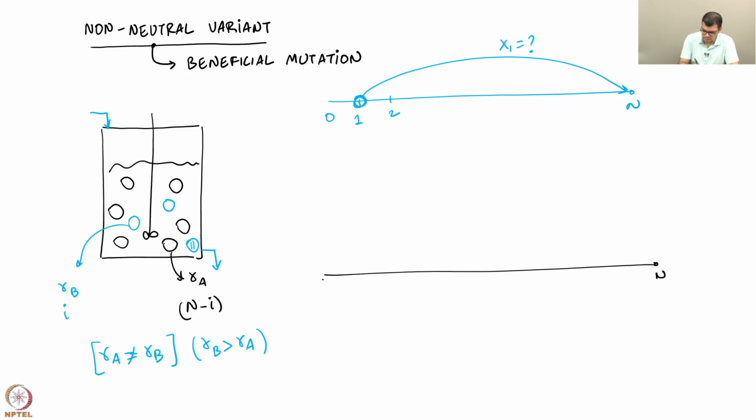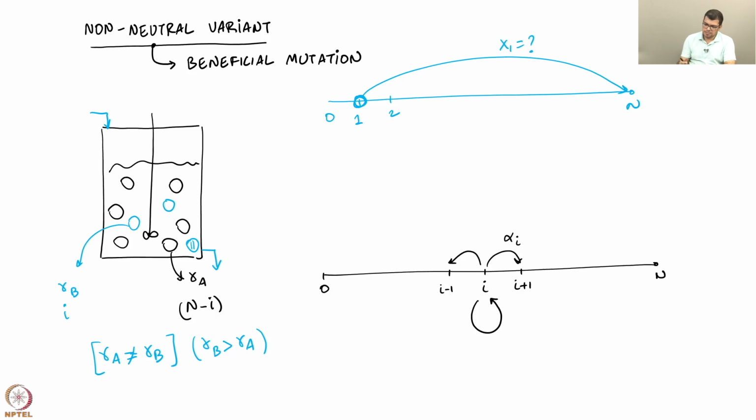This is n, this is 0, same idea of Moran process, that from a state i, you can either go to i minus 1 or go to i plus 1 or remain at i. There is no other fourth option. In a Moran process, these are the only steps permissible. We will not compute probabilities just yet, but we will say that let the probability of transitioning from i to i plus 1 be equal to alpha i.